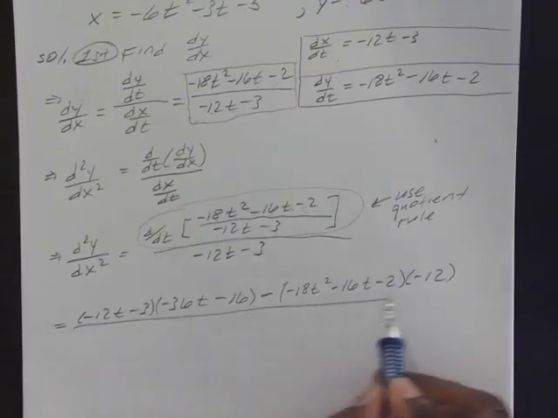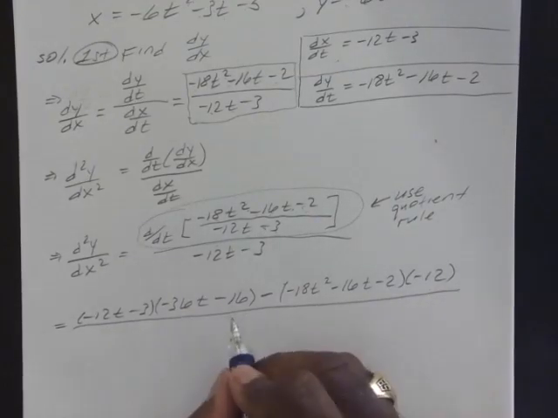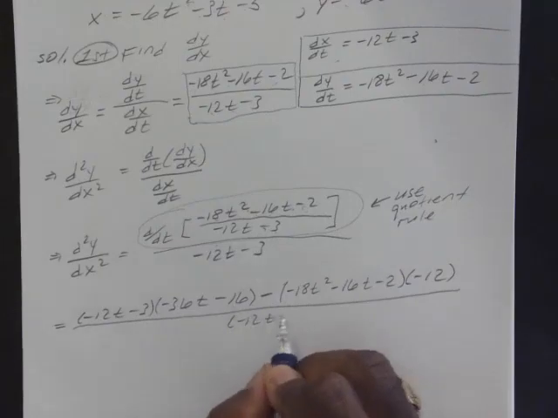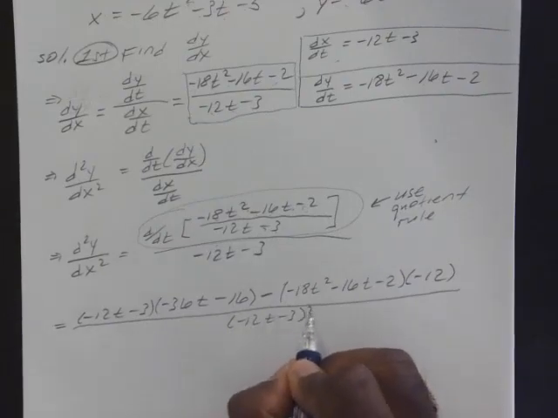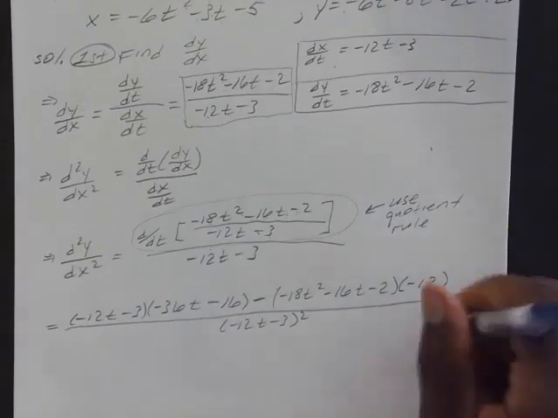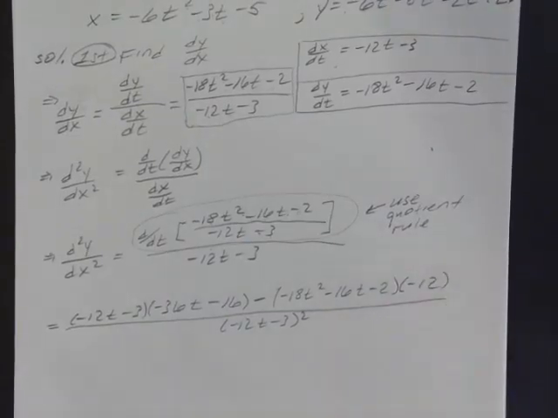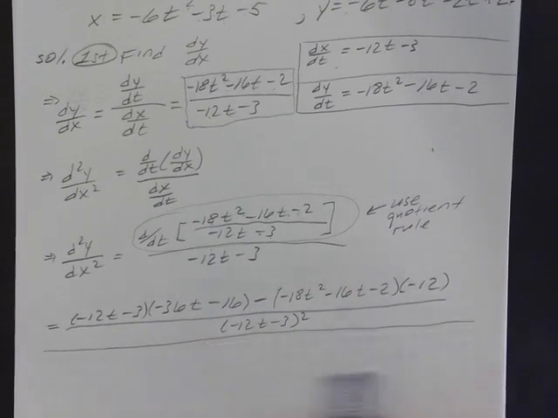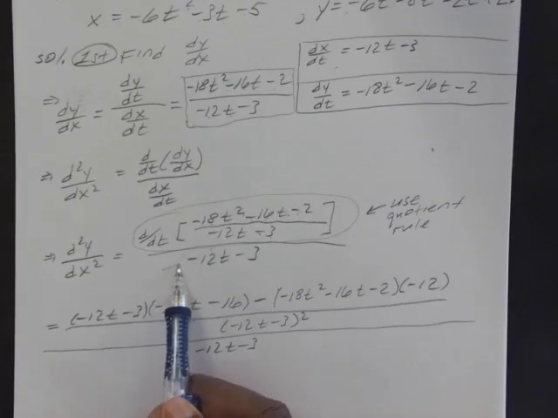And all of that over your denominator squared. So it's negative 12t minus 3 squared. And all of that is still divided by negative 12t minus 3, because you can't forget about that denominator down there.